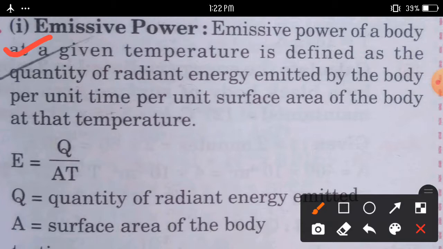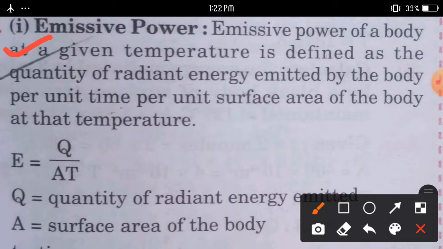Repeat again: emissive power of a body at a given temperature is defined as the quantity of radiated energy emitted by the body per unit time per unit surface area of the body at that temperature.